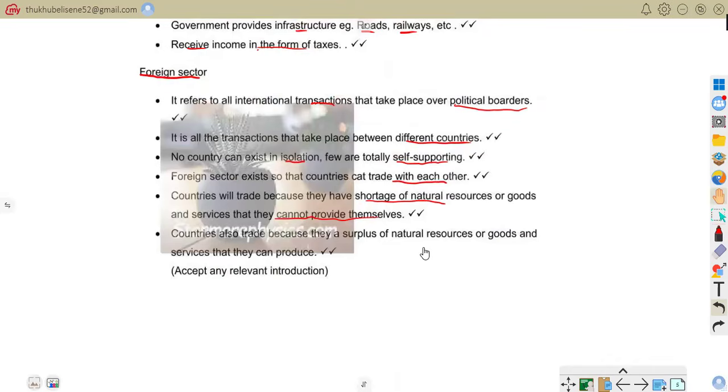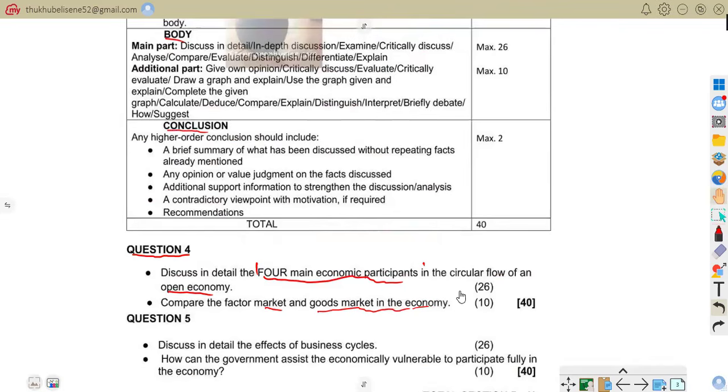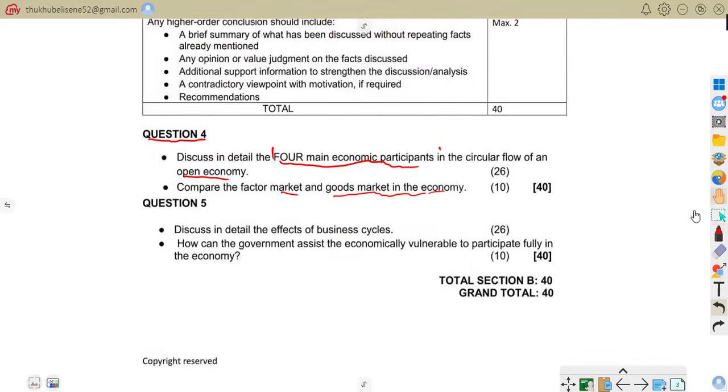So now we are on question 4. We are to attend now question 5, which reads as follows. Discuss in detail the effects of business cycles and also how can the government assist the economically vulnerable to participate fully in the economy.